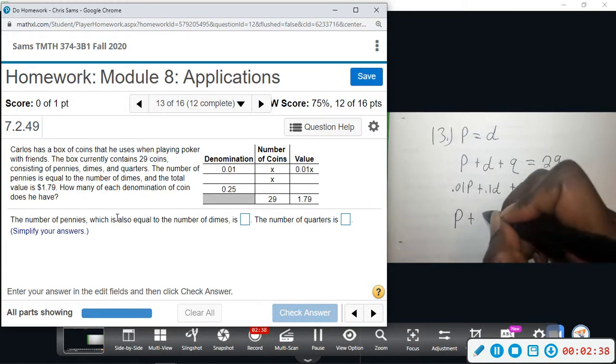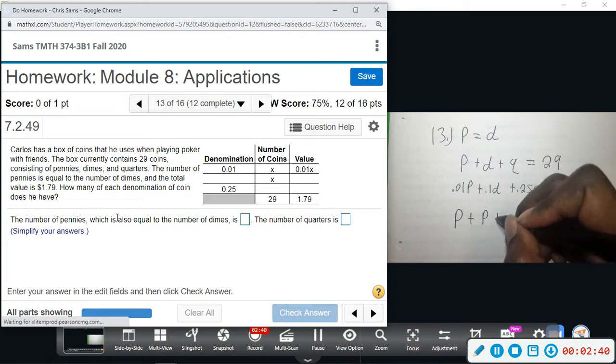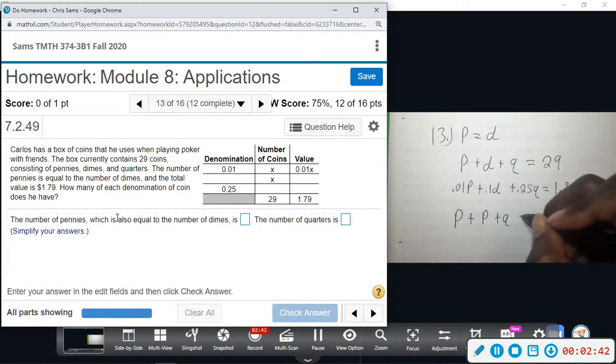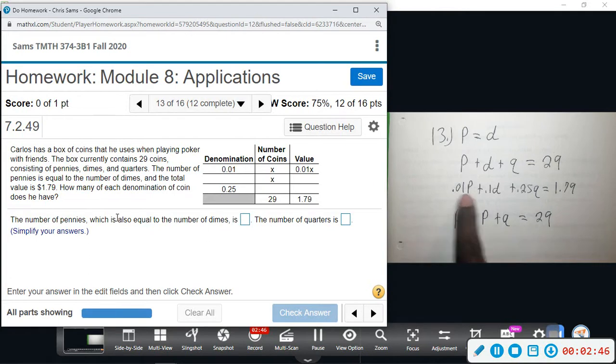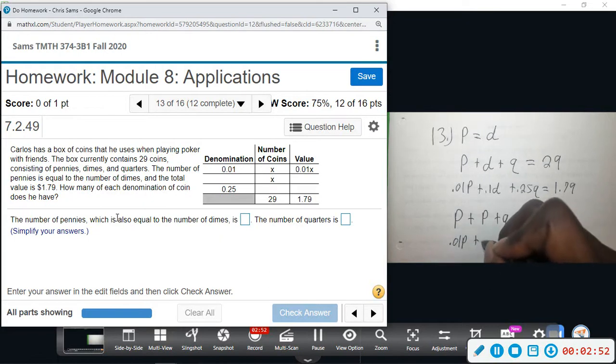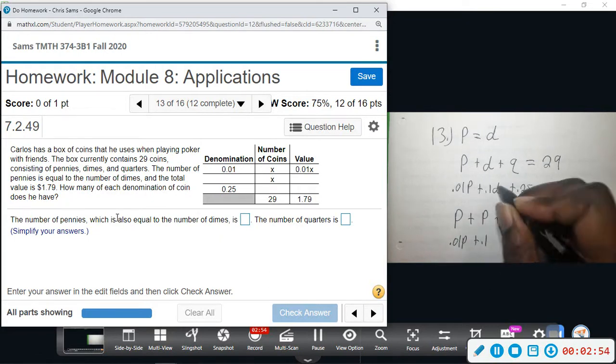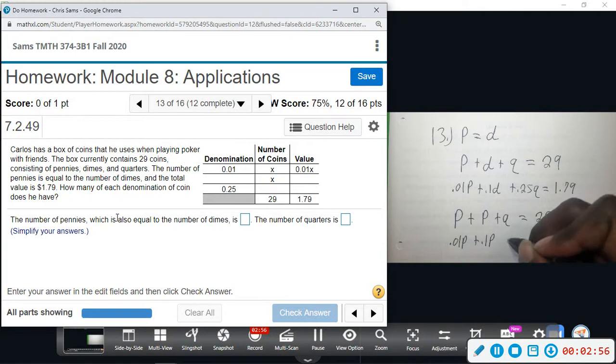It's fine. P plus P plus Q equals 29. And then we're going to rewrite this equation: 0.01P plus 0.1, replacing D with P again, plus 0.25Q equals 1.79.